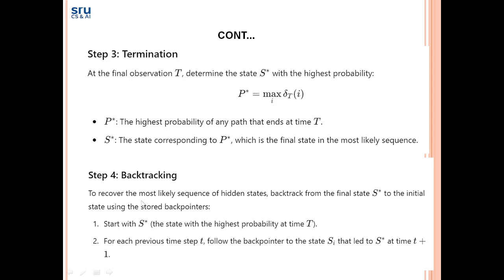Backtracking: to recover the most likely sequence of hidden states, backtrack from S star to the initial state using the stored back pointers. Start with S star, the state with the highest probability at time T. For each previous time step t, follow the back pointer to the state Si that leads to S star at time t plus 1.